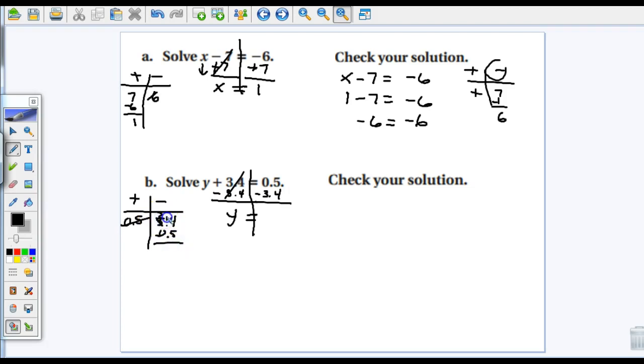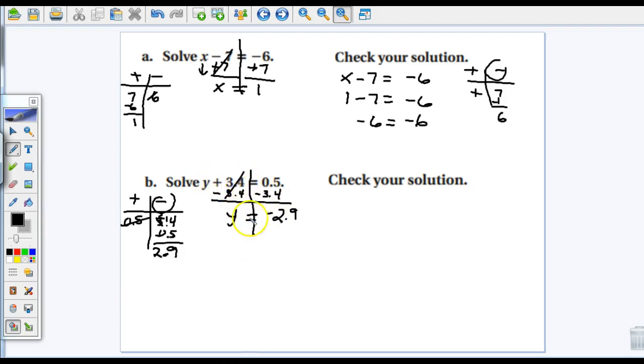A 2, this becomes 14. 14 minus 5 is 9. Bring down my decimal. And this is 2. 2 minus 0 is 2. So y is going to be equal to negative, right, because it's on the negative side, 2.9.